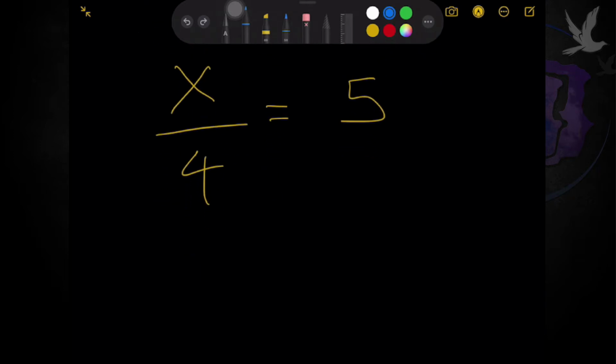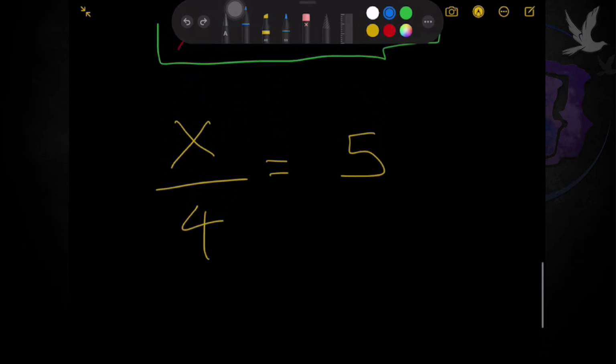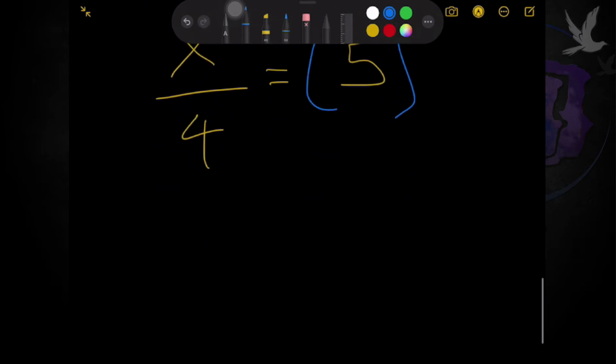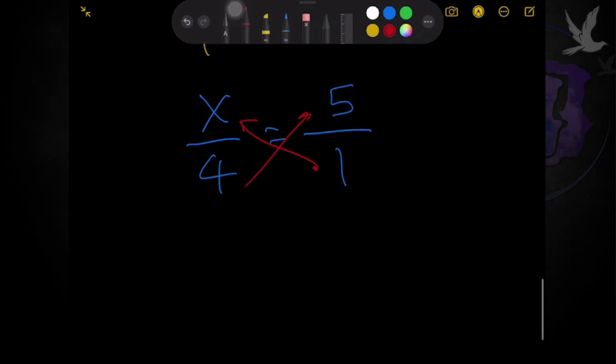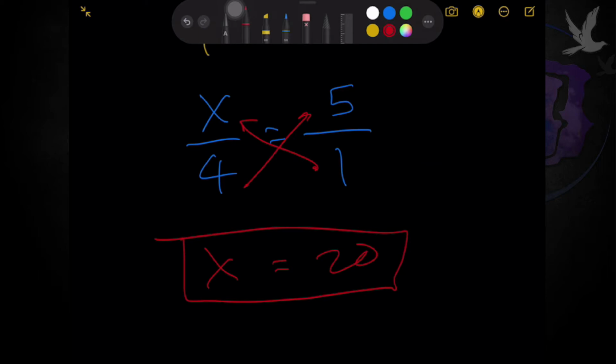All you need to do is just to rewrite the equation in which you need to balance out by making this whole number into a fraction. So that's x over 4 equals 5 over 1. So proceed with cross multiplication. 1 times x will give you x, and 4 times 5 will give you 20.